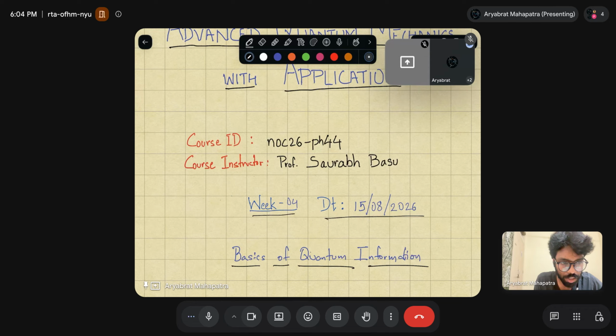There are quantum key distributions, which are like an advanced version of classical encryption. All of this uses quantum principles and quantum phenomena.